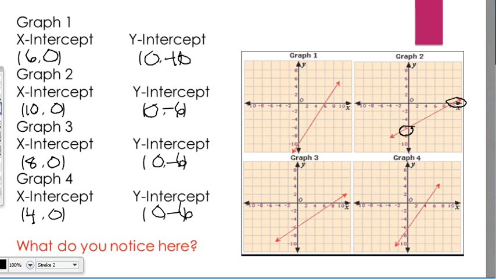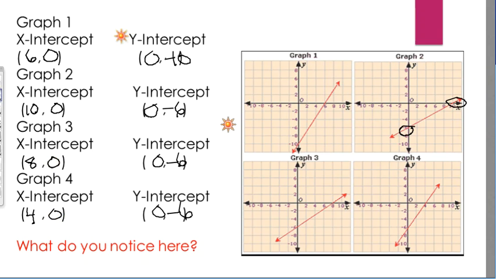So what do you notice here? I want you to look at the x-intercept column. Is there anything that you can see that these points have in common? So all 4 of these points are an x-intercept. Can you see that the y-coordinate for each of these is 0?